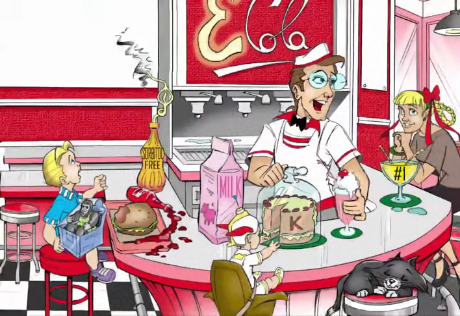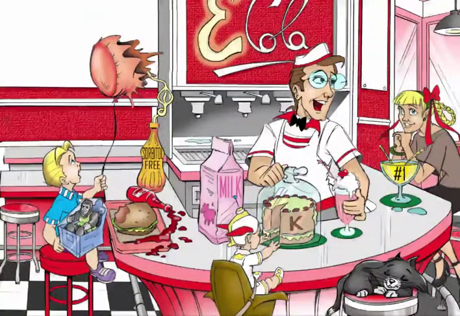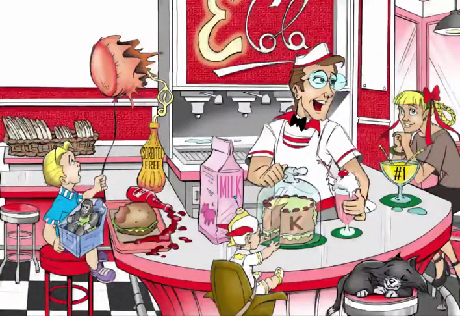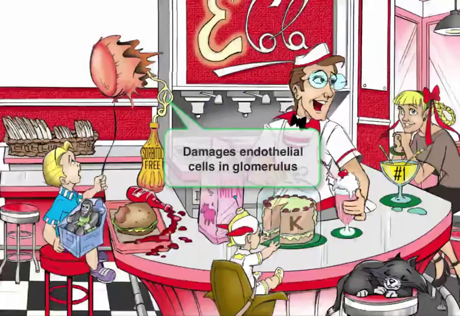We'll represent this in a very similar way we did in Shigella, and I'll explain it once more just because I think it's a fun way to remember the pathogenesis of HUS, and I don't think it'll hurt to repeat it here. We're going to represent HUS with this straw, these plates, and this popping balloon. The first step is Shiga-like toxin damaging endothelial cells of capillaries in the glomerulus, illustrated by the straw containing a glomerulus.